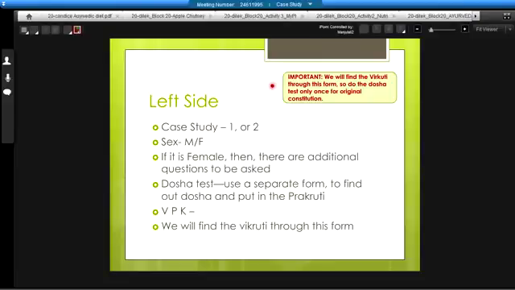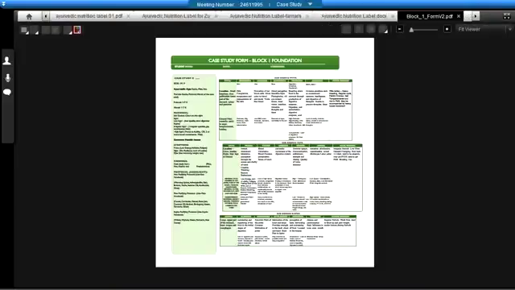One way of doing it is having on the left side of the paper, writing down the case study, the name, the gender. Of course, if the patient is female, then there are additional questions to be asked.